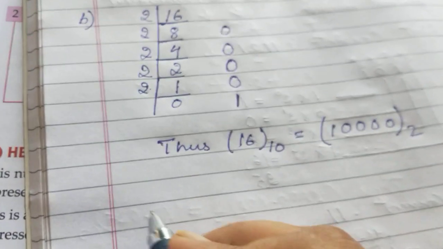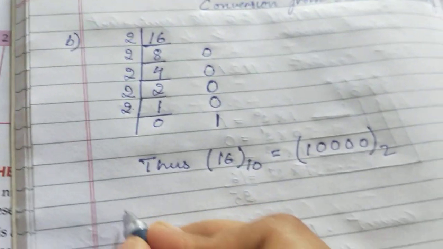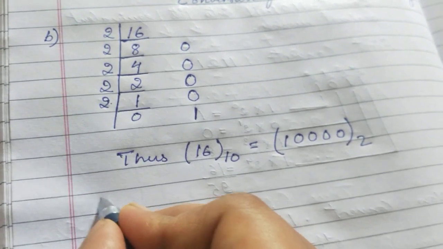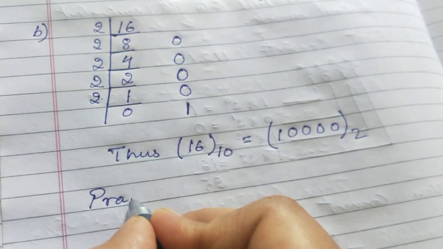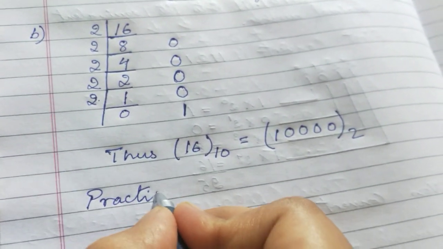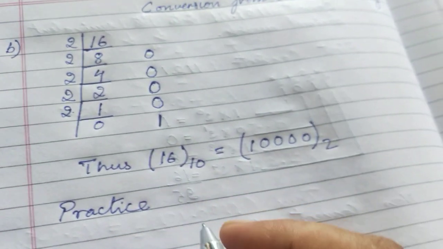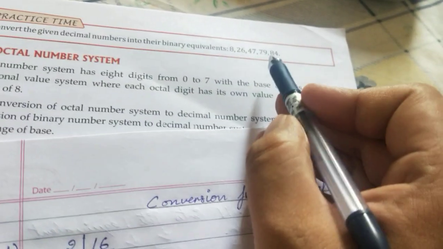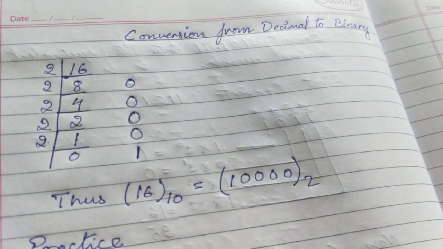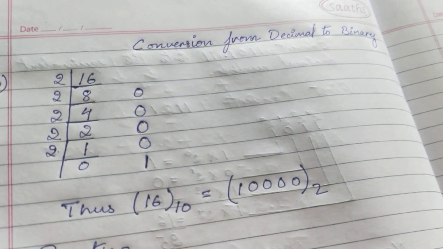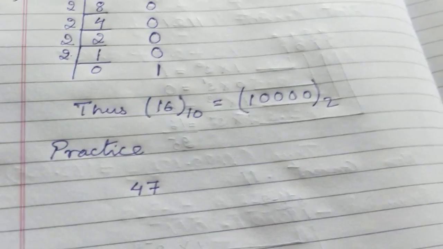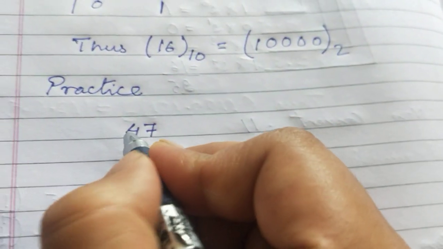This is from the practice portion. They have given 47 as a decimal number, and you have to convert it into a binary number.